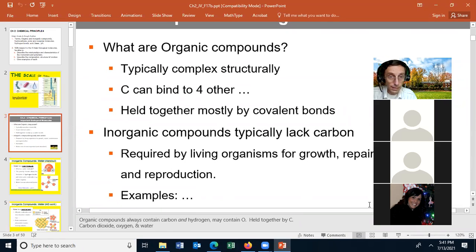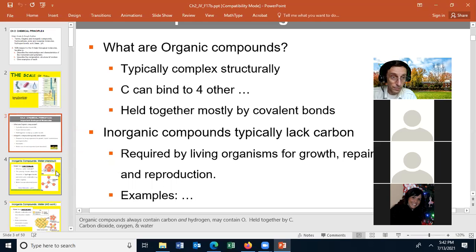And inorganic compounds are required by living organisms for growth, repair, maintenance, and reproduction, but they're generally simpler than an organic compound. Some examples of an inorganic compound are, of course, oxygen, water, and carbon dioxide. And you'll note that carbon dioxide doesn't lack carbon. Okay? And it is an inorganic compound.